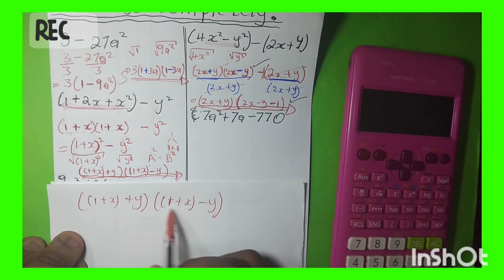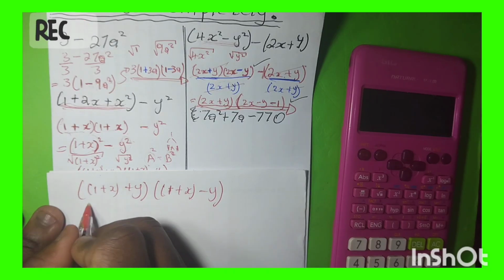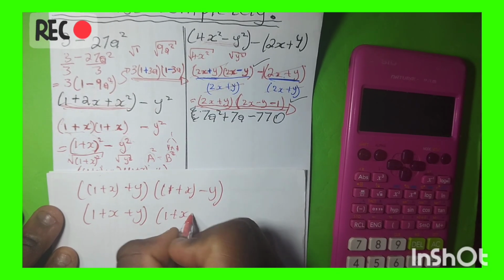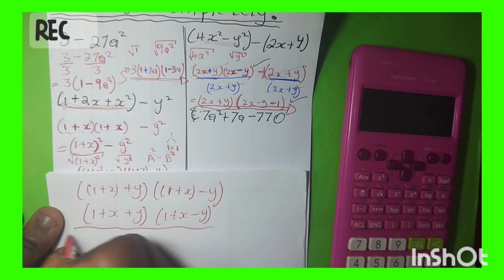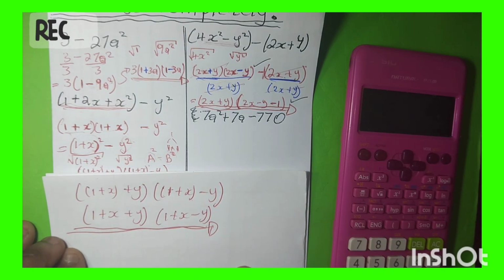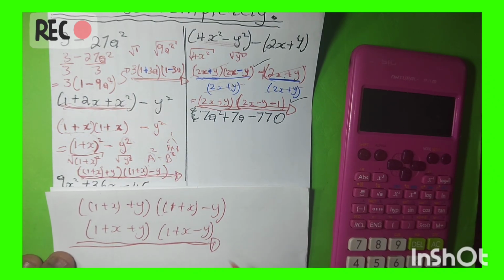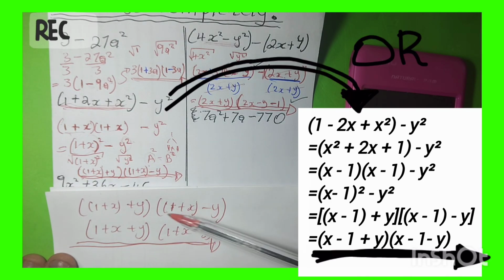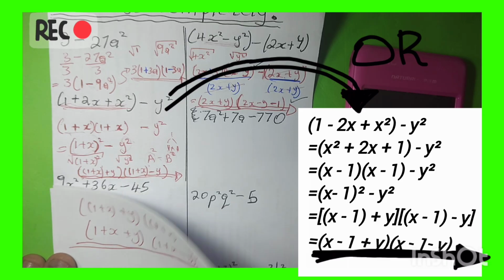You can remove those brackets and just leave your answer in this form, plus y plus x minus that. It's up to you which method you prefer, but it won't be wrong if you leave your answer like this. Those brackets are unnecessary to put. You can remove them and just leave your answer like this.